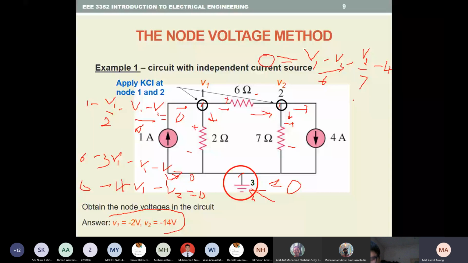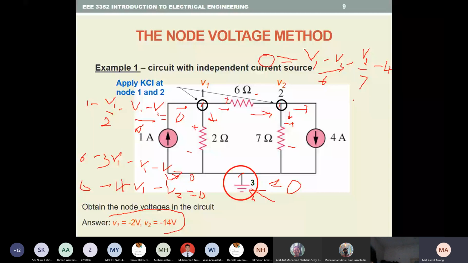So you get 7 V1 minus 7 V2 minus 6 V2 minus 4 times 6 times 7 equal to 0.